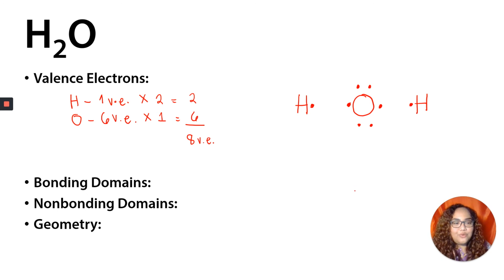Okay. Now, why did I position it like this? Because I already know that hydrogen is one of the exceptions to the octet rule. Now, if you remember, hydrogen follows the duet rule, which means it only needs 2 valence electrons to be happy, right?